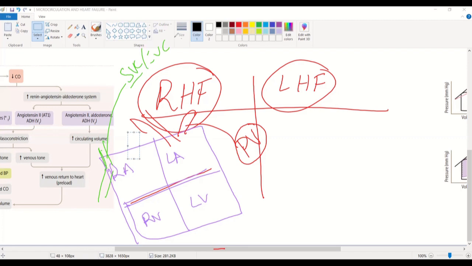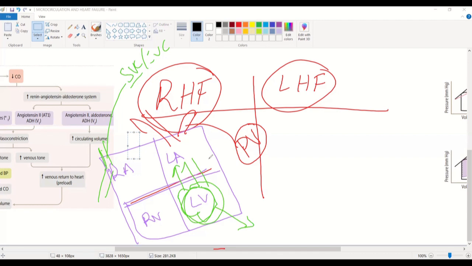Okay, so if it is a left-sided heart failure, it means the pathology lies in the left ventricle. What will it do? In left heart failure, there is a buildup of pressure. So the left ventricle is unable to push out the blood. So blood is accumulating in the left ventricle and then in the left atrium. So there is a back pressure, right?